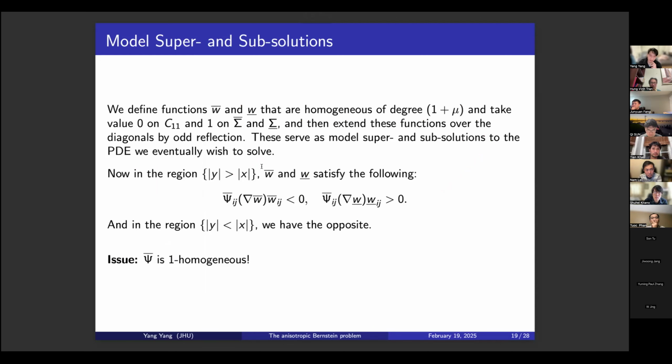Because they are homogeneous functions, we can easily show that they become a supersolution with positive and a subsolution with negative.